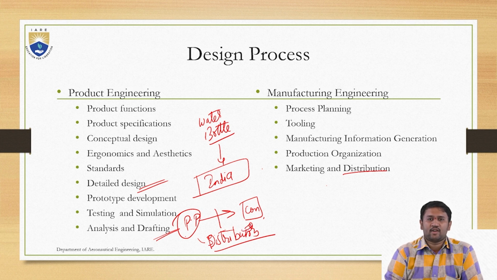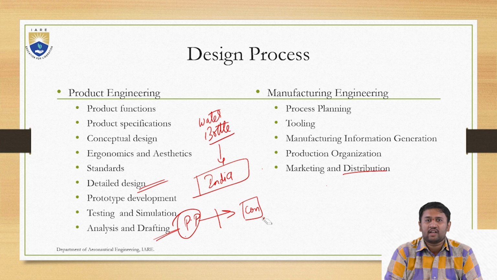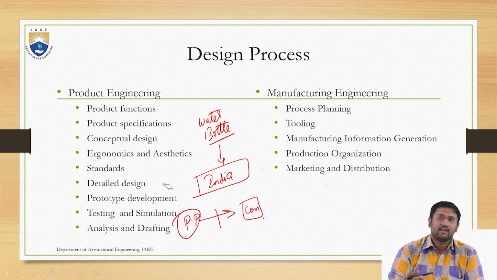What these distributors do is distribute your product, not necessarily only evenly, but when needed by the consumers, according to the demand that has been generated. The demand based on your product requirement will be sent through.